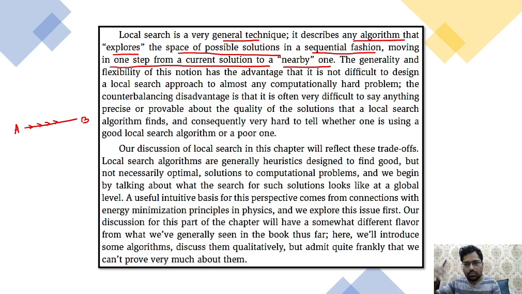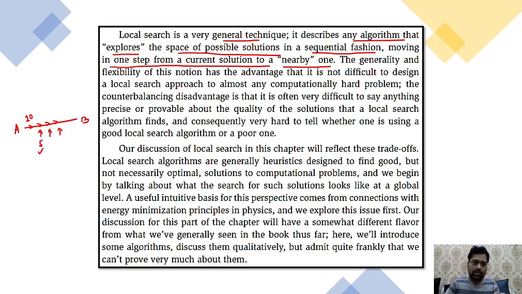Whenever we are trying to find the optimal solution, first we start from the initial position, but in a sequential, stepwise way. We also follow nearby solutions, which means we follow the neighborhood. If you are getting the solution 10, but the nearest solution is 5, we will switch to 5 rather than taking 10.